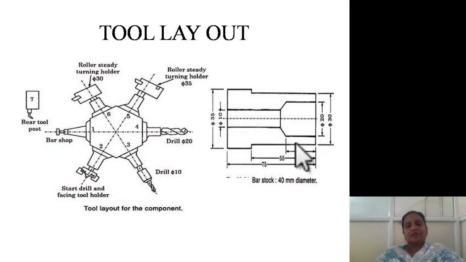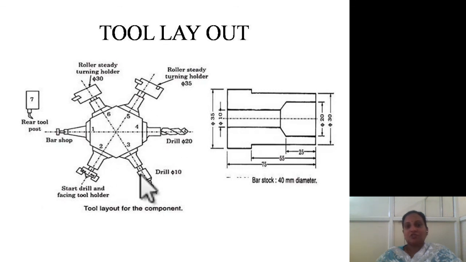So like this, if you are making the same component, means if it is mass production or continuous production, where you get a large volume of material, in such cases, as the tools which you have to use are constant, we fix all those tools in a sequence 1, 2, 3, 4, 5, 6. Or else, even if your tools are not in sequence, if you know the order of tools, whether it is the first one, second one, third one, fourth one, fifth one, or sixth one, when you are writing a program, we write a tool layout.